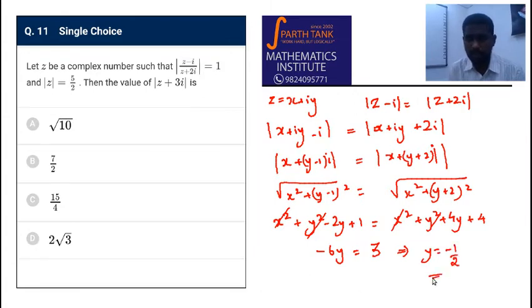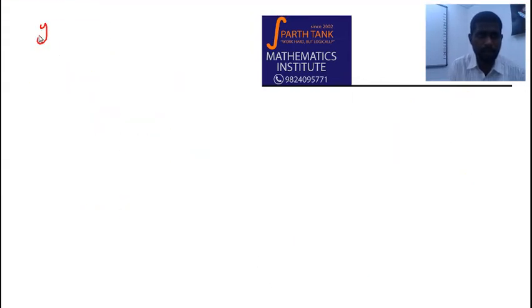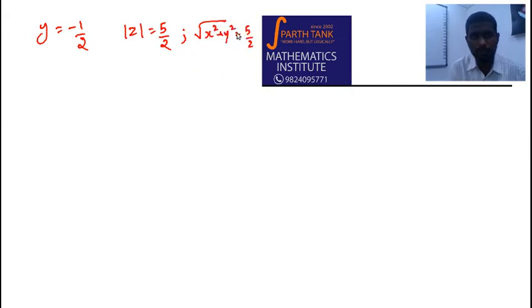Okay. Now also we have y is minus 1 by 2. We have mod z given as 5 by 2. Now mod z is nothing but square root of x square plus y square is 5 by 2.